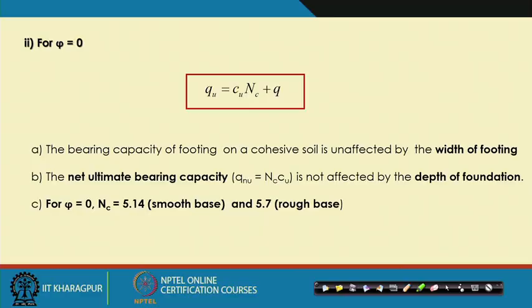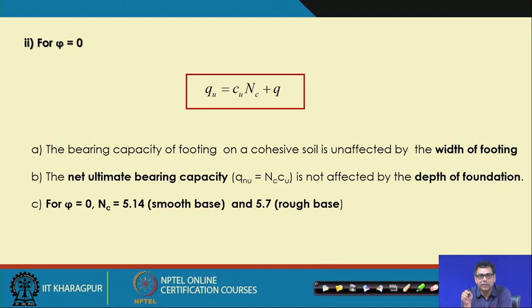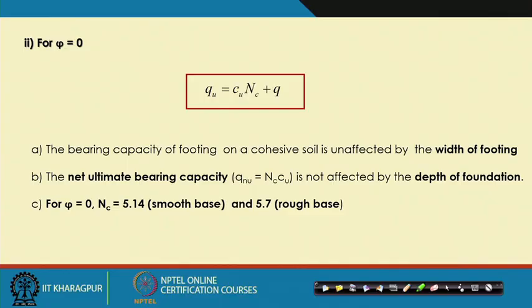Now, in the other term, this Nc value, there also the phi factor is there, but here the phi value is 0. So, Nc value is also 5.7 or 5.14. So, that is why phi is not influencing, and B is not influencing.